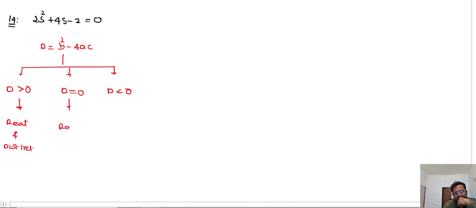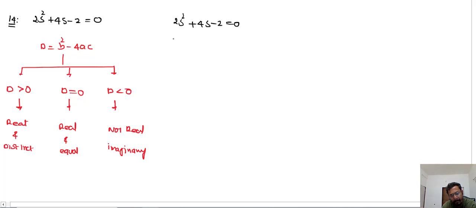Let's check in our case what type of roots. So first you have to find a, b, c. Compare this equation with the standard equation ax square plus bx plus c, where a is equal to 2, b equal to 4, and c equal to minus 2. D is equal to b square minus 4ac. Just put in the values.